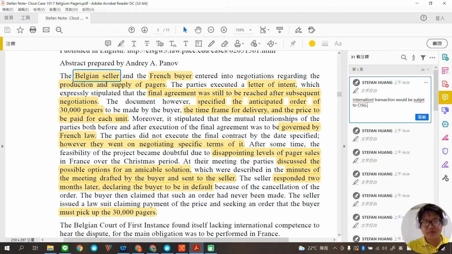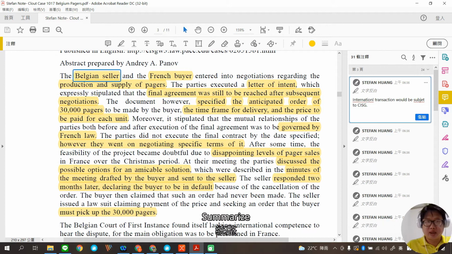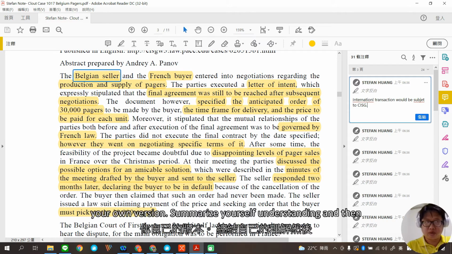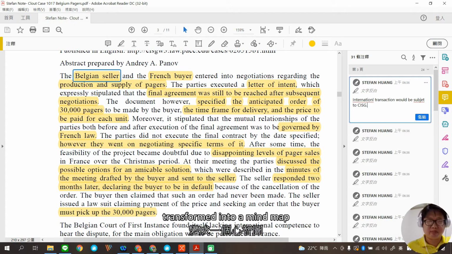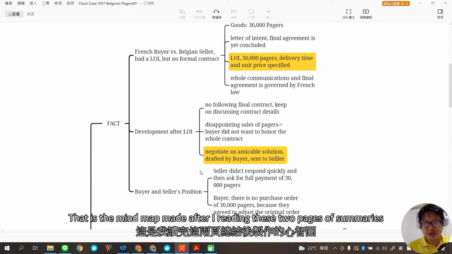That will help you to summarize your own understanding, and then transform it into a mind map. That is the mind map after I read these 2 pages of summaries.